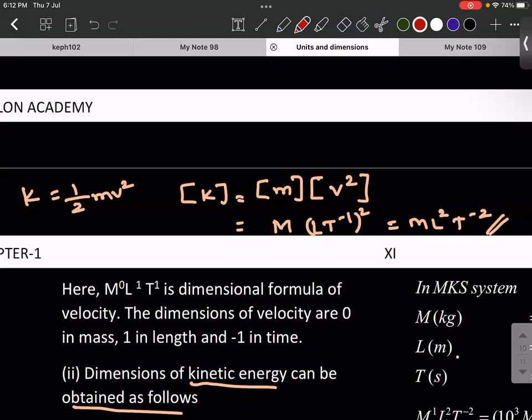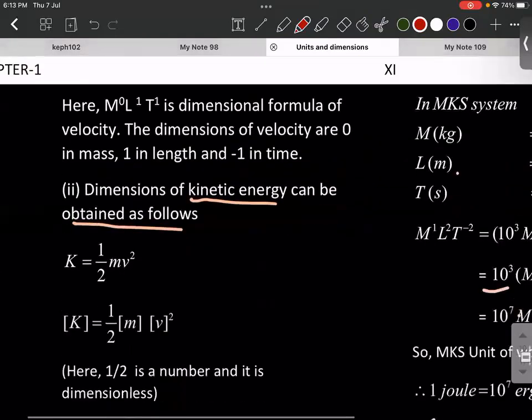Energy and work done are related quantities because whatever work we do will get stored in the form of energy. That is why the definition says capacity to do work. Now the dimensional formula of energy and work done, whether kinetic energy, nuclear energy, potential energy, whatever energy, is M L square T minus 2. So that's the meaning.